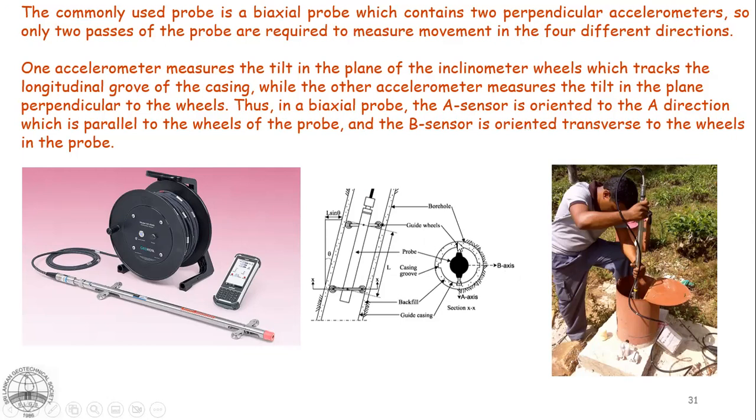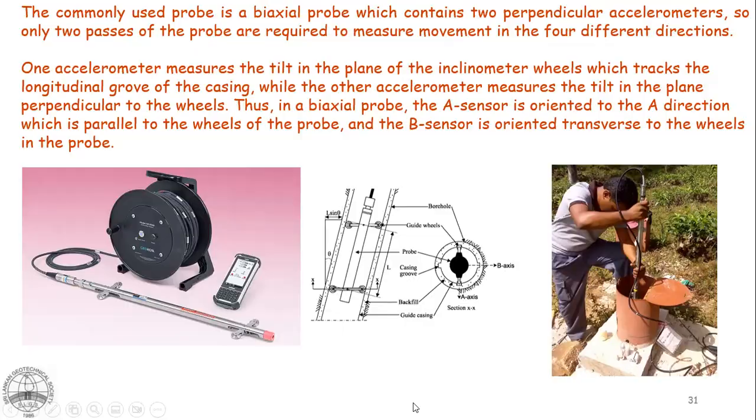So you see these grooves in that. So you install the inclinometer in the site with this one line being in the direction of the axis of the landslide, and to establish the movements, we have to go to the site and lower the inclinometer in the 2 different directions and get the readings.